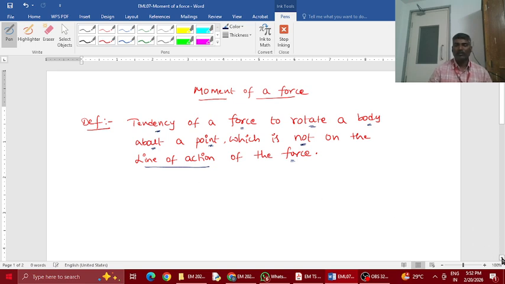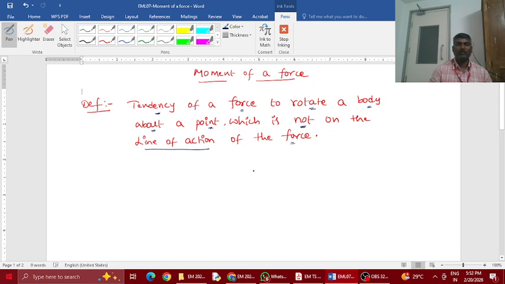Okay, now let us just see the picture, okay, how this can be explained. Let us say this is a body, a rigid body, where you have applied a force on this, let us say, so a force P. Okay, now choose a point.